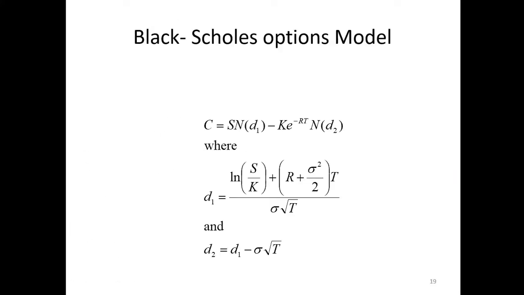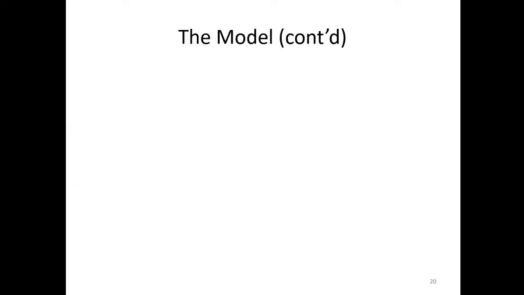So these are the variables and how they affect the option. Now let us have a look at the formula. This formula is very complex.